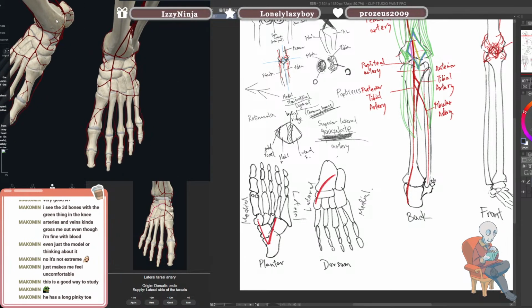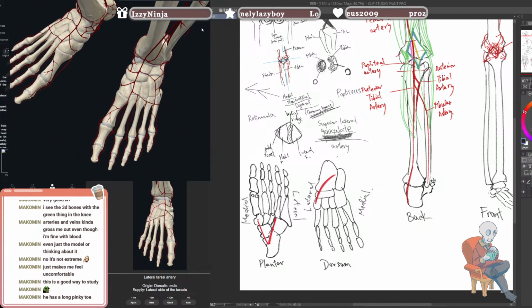Can I move it to a place I can see easily? Lateral malleolar network. Arcuate, how do you pronounce the arcuate artery? And still the dorsalis pedis.